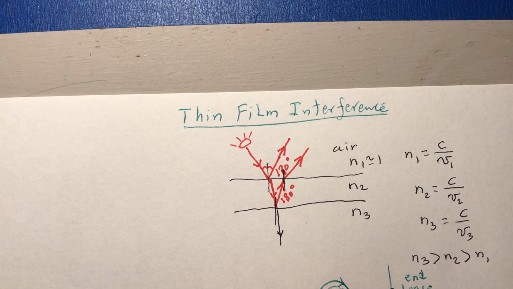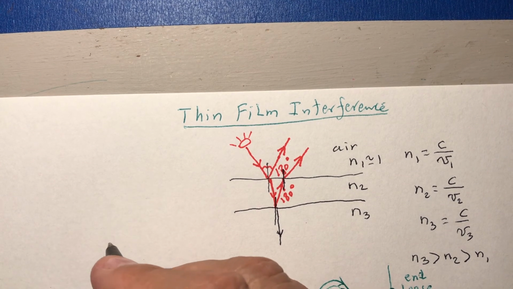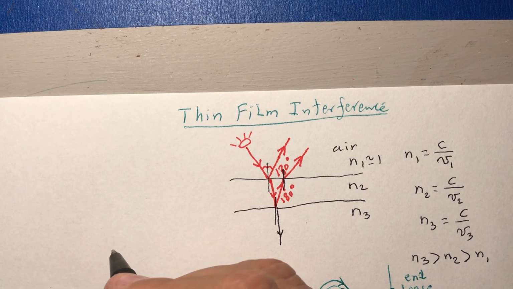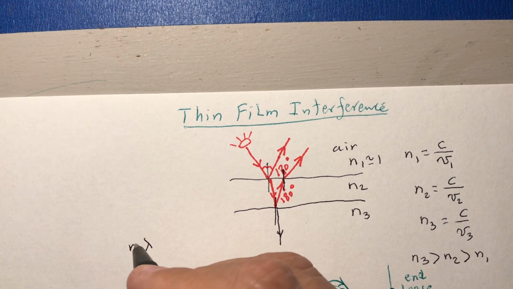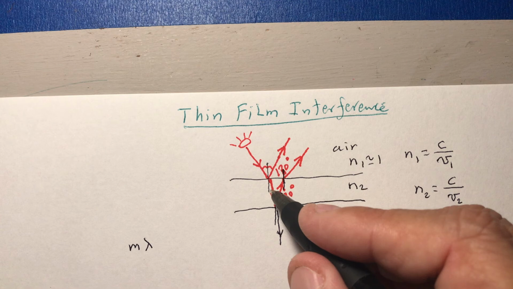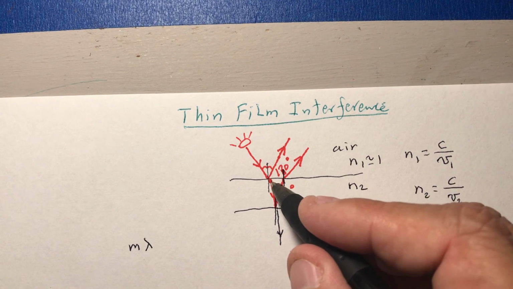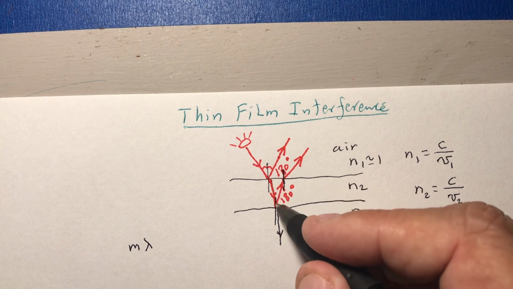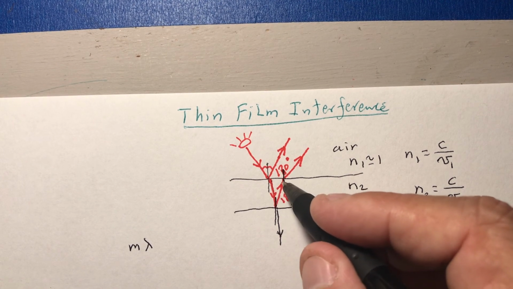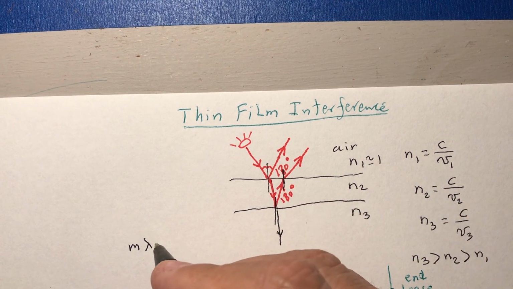Now what do we do? We can say that, let me write down here. 2, I put here, m lambda. M is the number of waves inside here, the number of waves going along the path of light that I drew here in red.